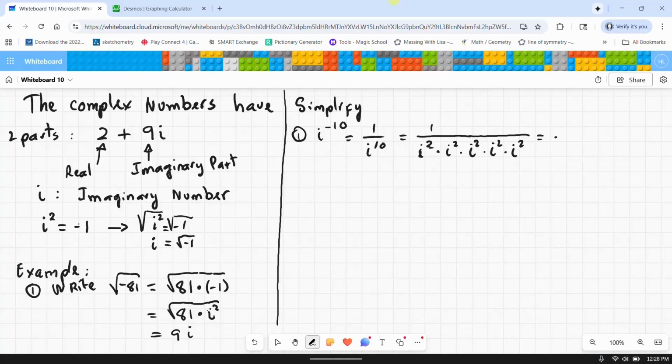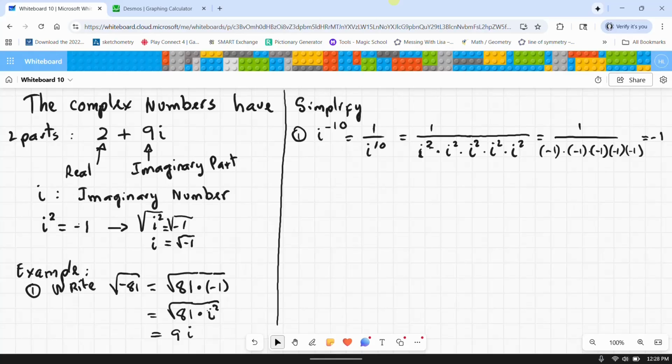What we end up with is replacing each i squared with -1. So we're going to have -1 times -1 times -1 times -1 times -1. That ends up being 1 on the top and -1 on the bottom, so the answer is just -1.